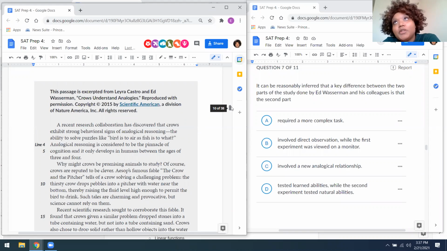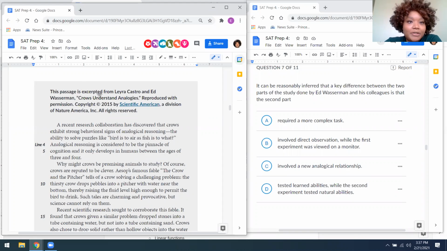Usually I would say that there's a good strategy you used if you don't have the answers: look at where part of the question is mentioned in the passage, and you went straight to Ed Wasserman in the passage, which is around line 47. The thing is, though, that's not quite where the study starts to be described. The tricky thing here is that Ed Wasserman is actually mentioned in the title.